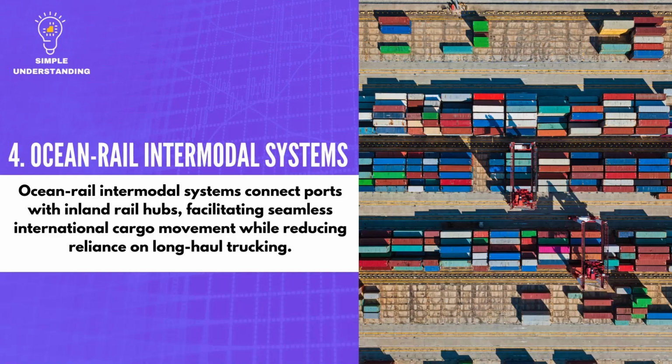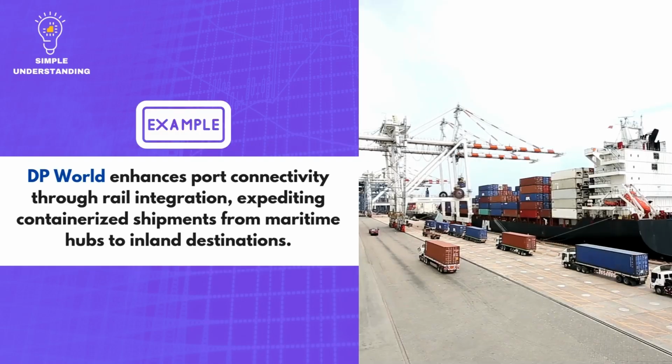4. Ocean rail intermodal systems. Explanation. Ocean rail intermodal systems connect ports with inland rail hubs, facilitating seamless international cargo movement while reducing reliance on long-haul trucking. Real company example.